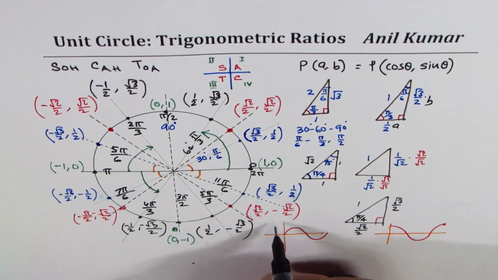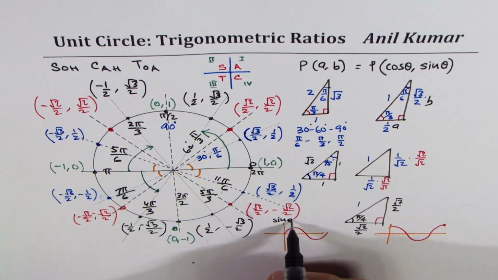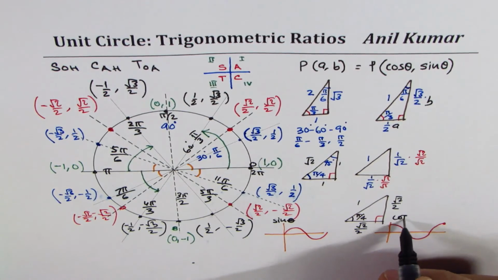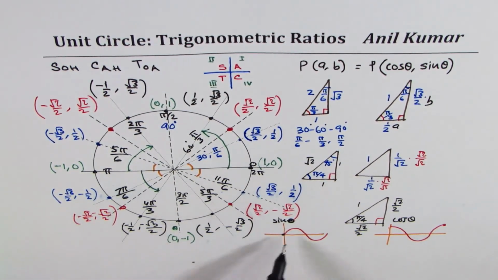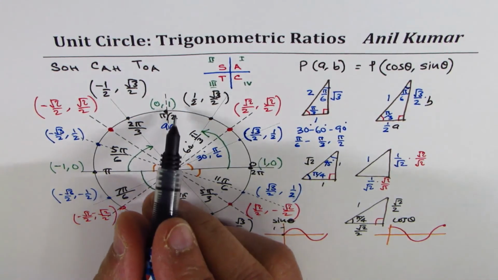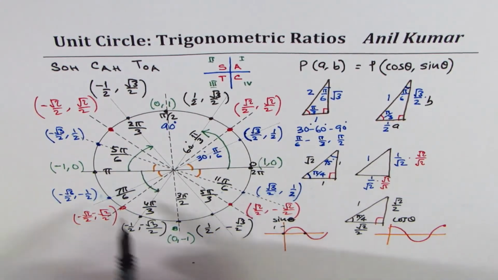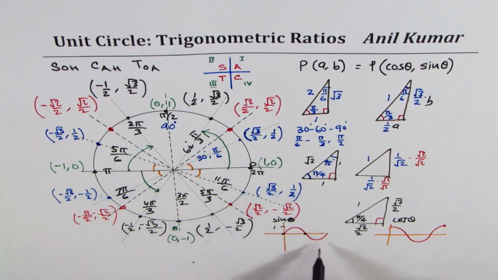So if you see for sine, let's say sine theta, this is for cos theta. To start with, y value is 0, right? And then it becomes 1 here, and then again it becomes 0. And as we go here, we get -1, and as the cycle completes, it becomes 0.